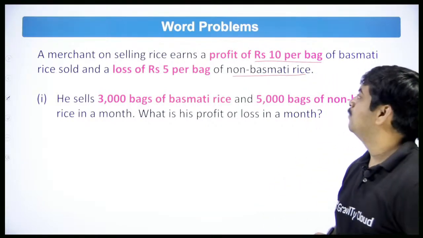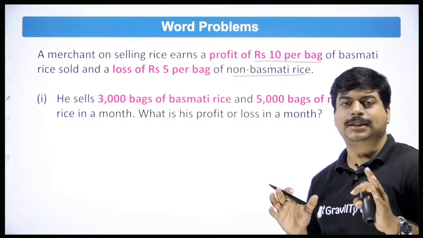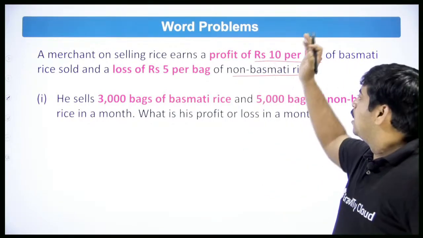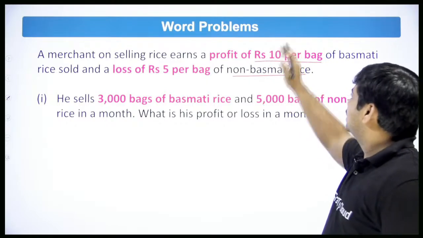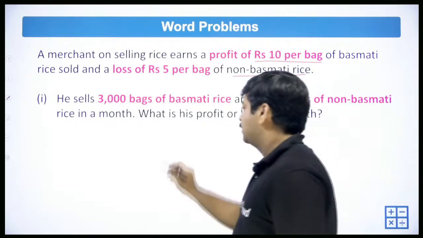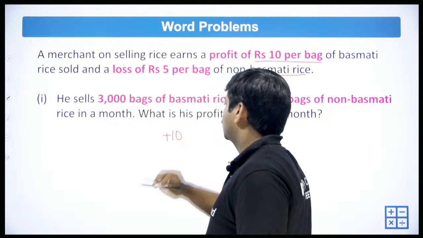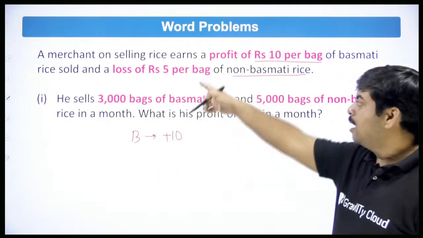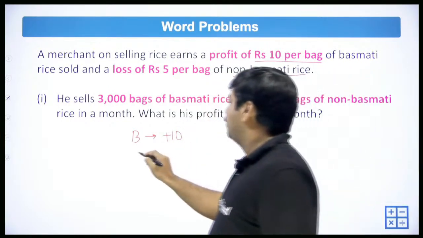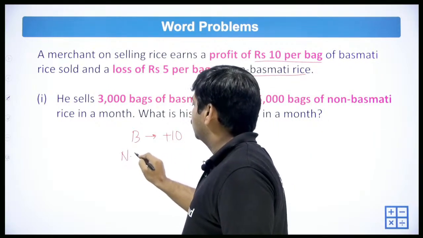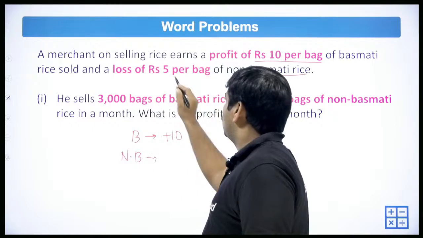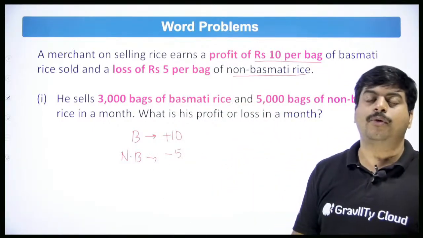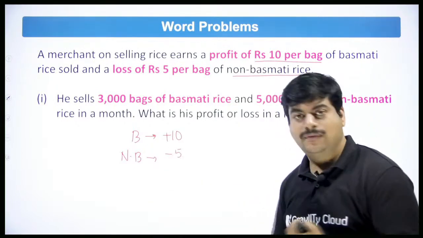So a merchant is selling both basmati and non-basmati. How many bags? We still don't know that. For a basmati bag, he is getting plus 10 as a profit. And a loss of rupees 5 per bag for non-basmati means the loss is in the reverse direction of profit, so we keep a negative 5.